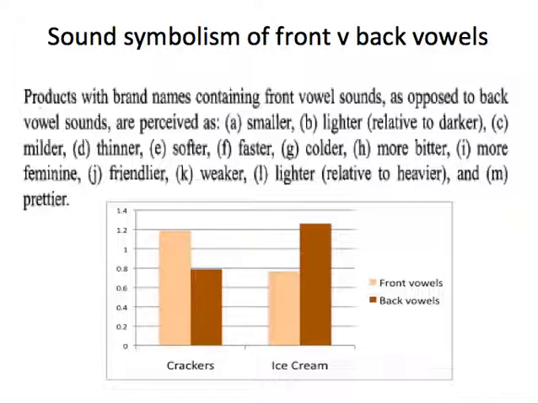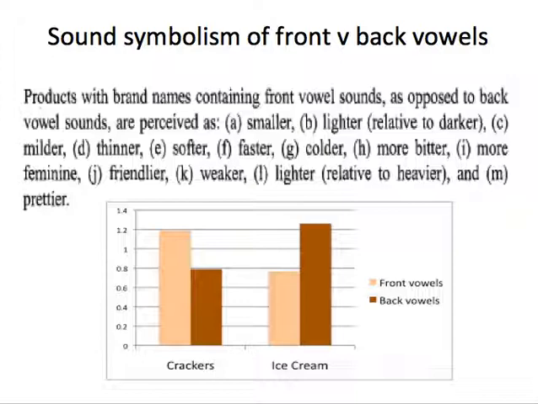What he did was look at the products crackers and ice cream. If you're buying crackers, you want something which is crisp, probably light. And if you're buying ice cream, you probably want something which is thick, luscious.